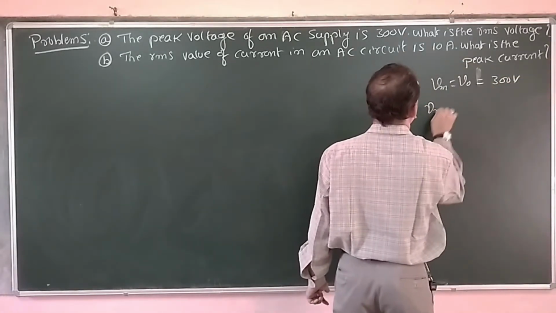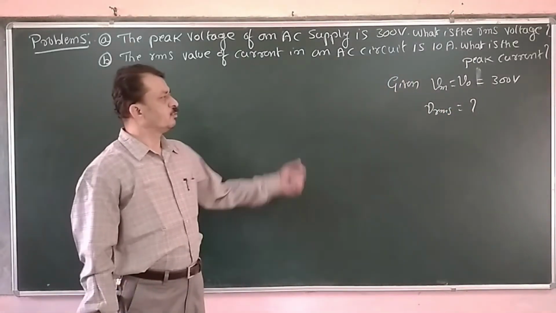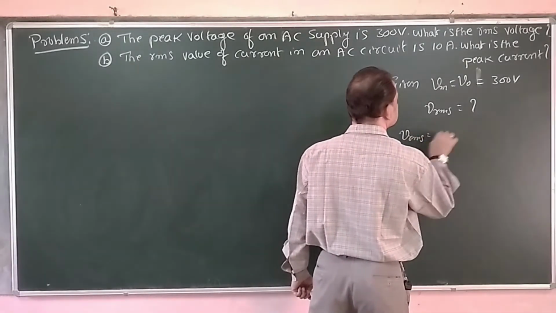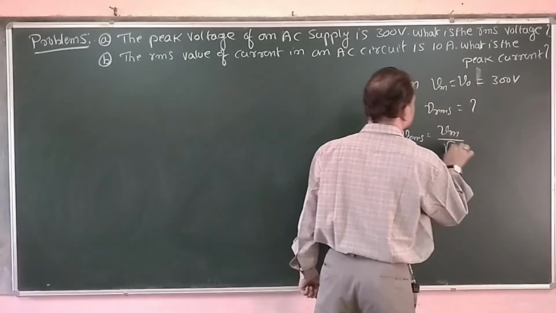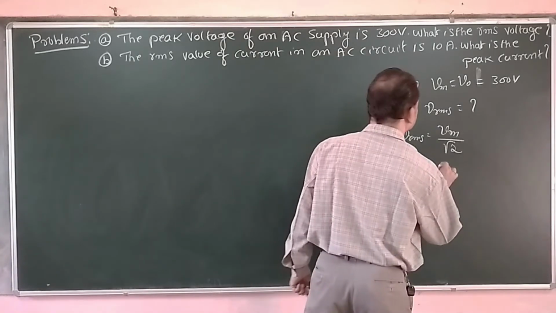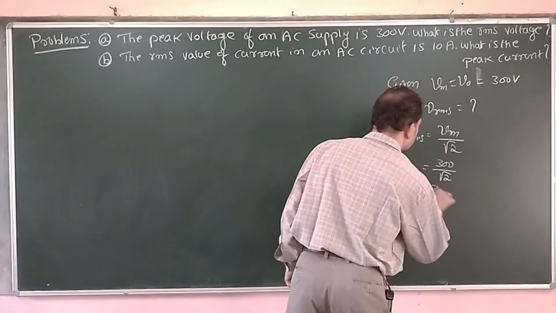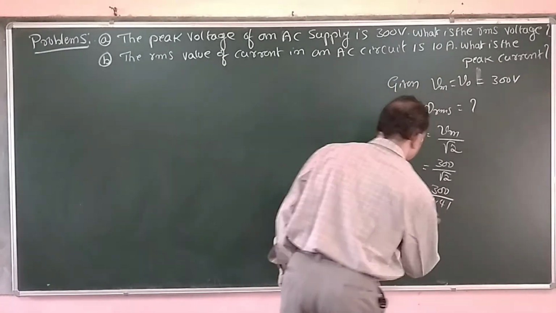Now we have to calculate the RMS value of the voltage. We know the simple relation. VRMS is equal to Vm divided by root 2, simple formula. Therefore, that is equal to 300 by root 2, where root 2 is 1.41.